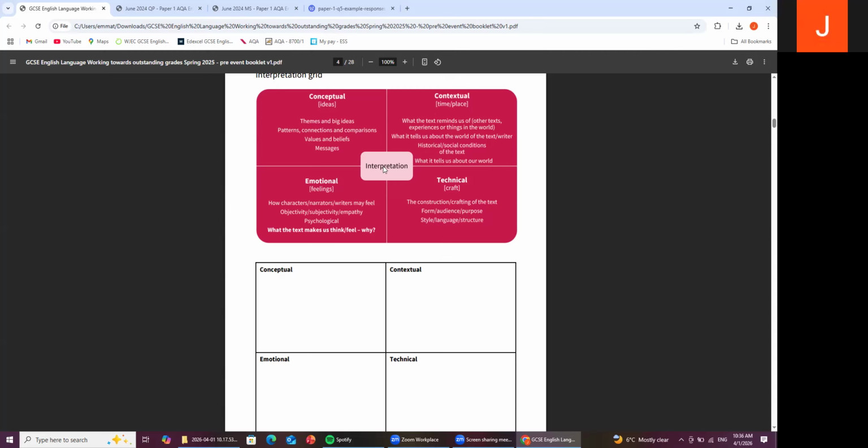Okay, so this interpretation grid, this is really invaluable. I have had success with a lot of my students in terms of developing their analytical thinking solely based on this. It has been really invaluable for me as a teacher, but also as an examiner as well. So I really can't underestimate this that's on the screen here now.